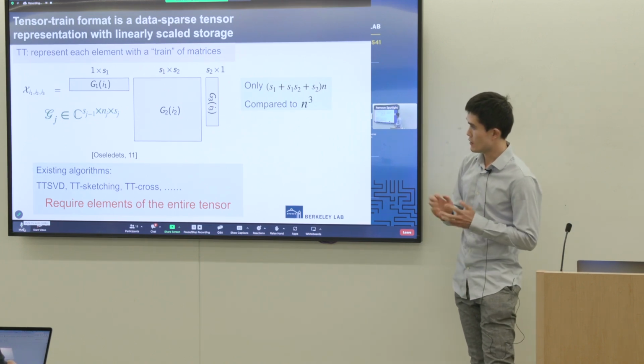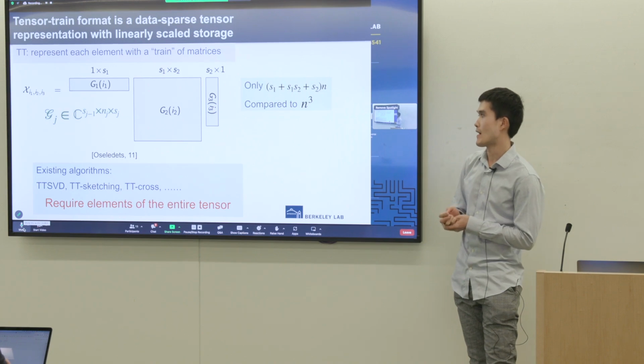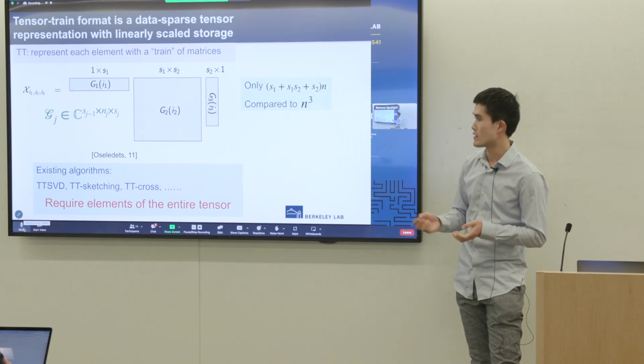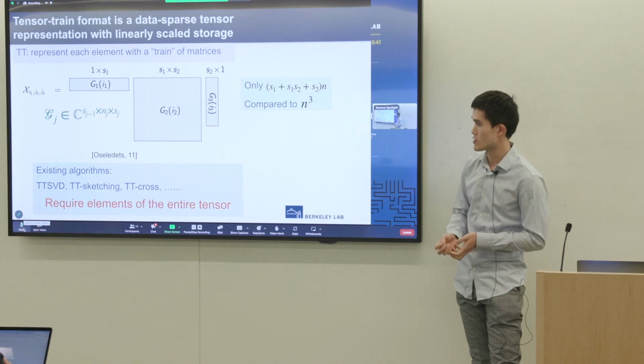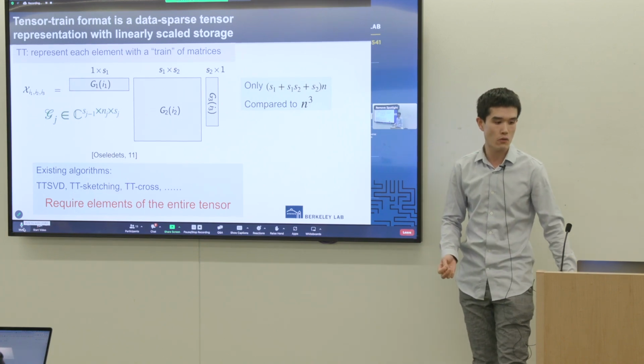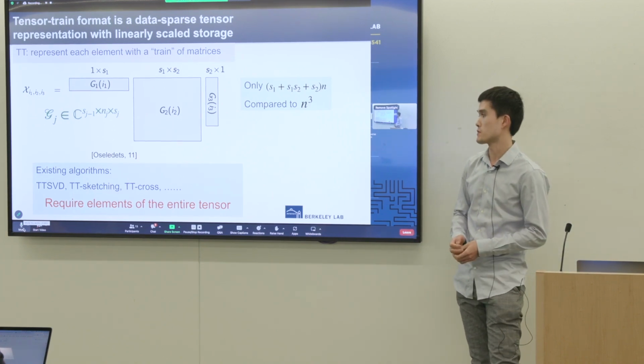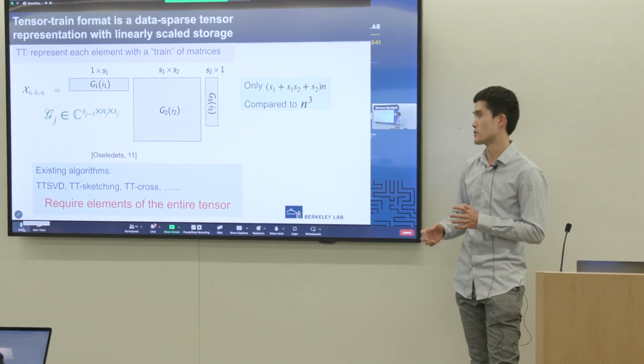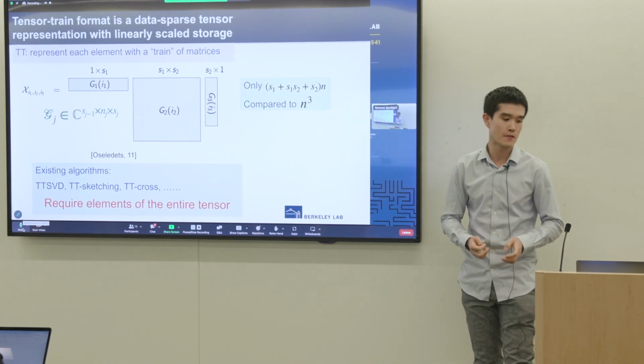However, the existing algorithms to calculate the tensor train format of a given tensor, namely tensor train singular value decomposition, tensor train sketching, and TT cross, all require elements of the entire tensor for you to actually compute the tensor train format.